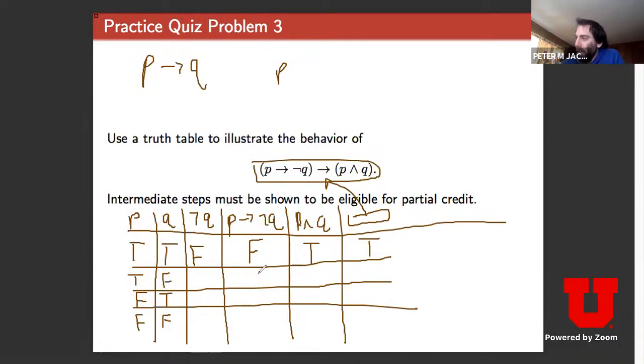You'll find that this is actually logically equivalent to not P. Sorry, this is logically equivalent to not P or not Q.